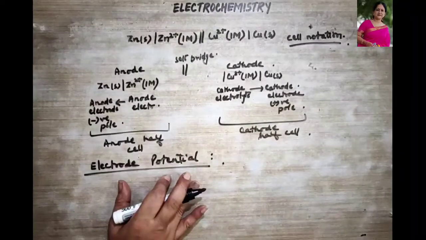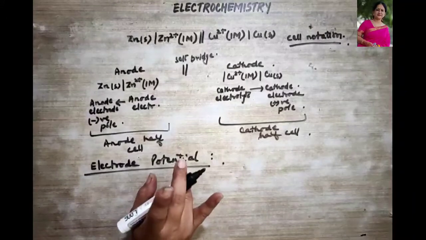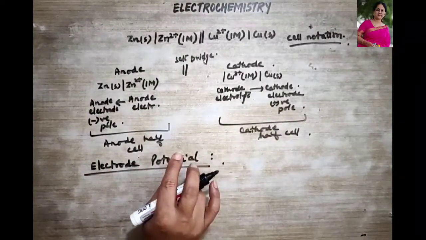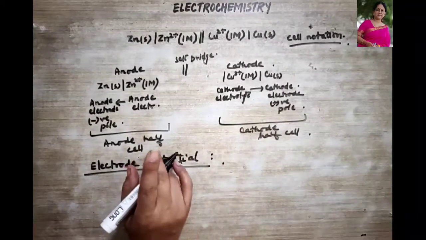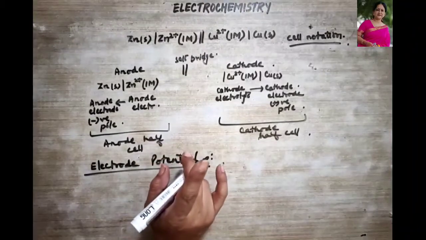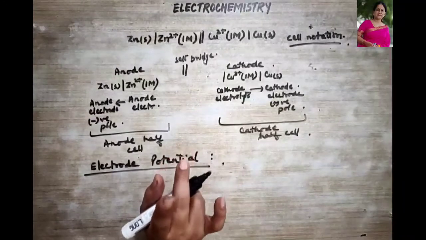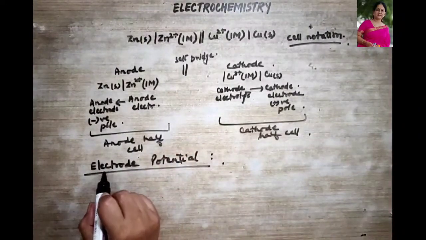I repeat, what is electrode potential? It is the electrical potential difference that is set up between the metal and its ion in the solution, right? Or in other words, we can also say that the tendency of an electrode to lose or gain the electrons when it is kept in contact with the solution of its own ions, then that is called electrode potential.